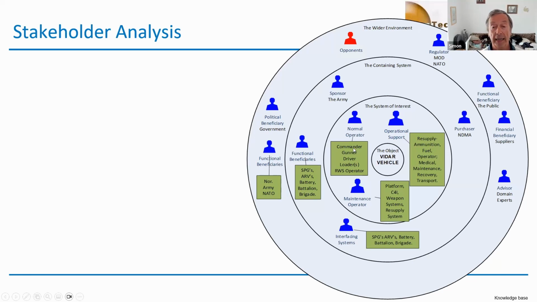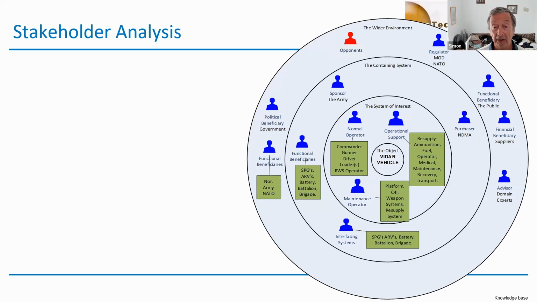Now, very importantly, we defined that the commander was the term to be used as the person in charge of the gun. A lot of people say, well, that's the captain, or that's the major, or that's the head or lead. And no, it's very simple. If we ever want to refer to the normal operator, they have to use the word commander.